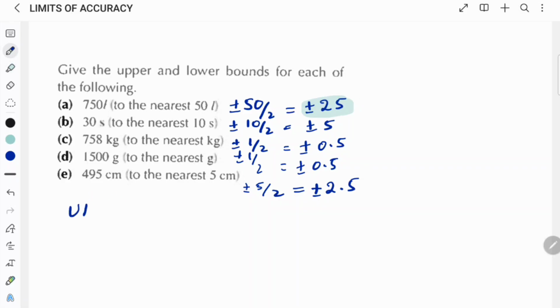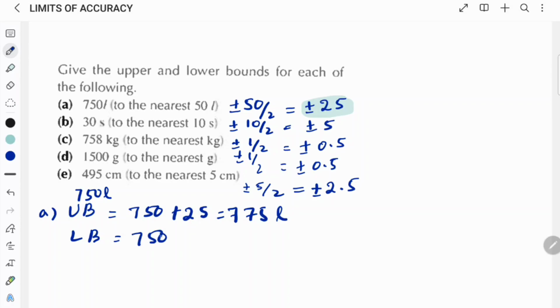So the upper bound for part A, 750 liters: 750 plus 25 is equal to 775 liters for the upper bound, and for the lower bound 750 minus 25 is equal to 725.